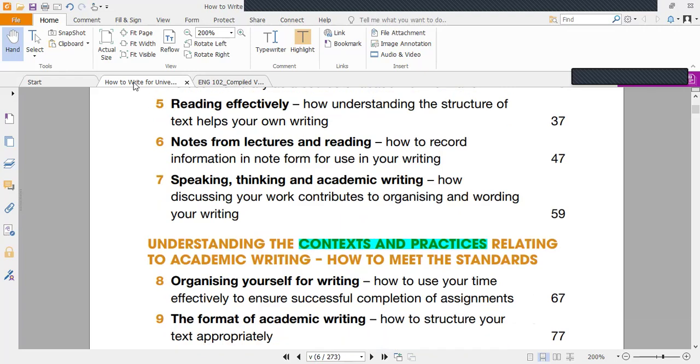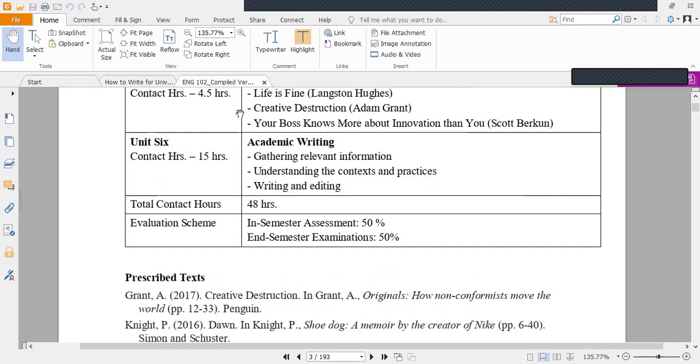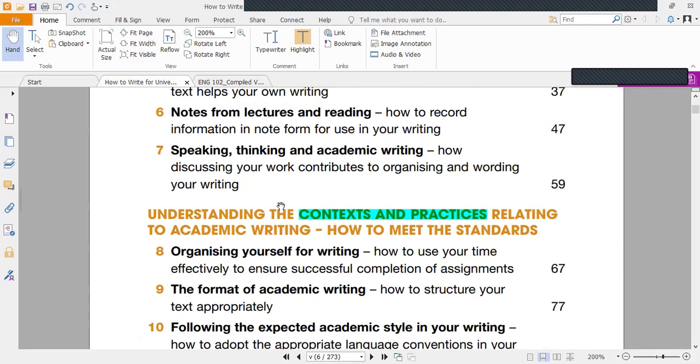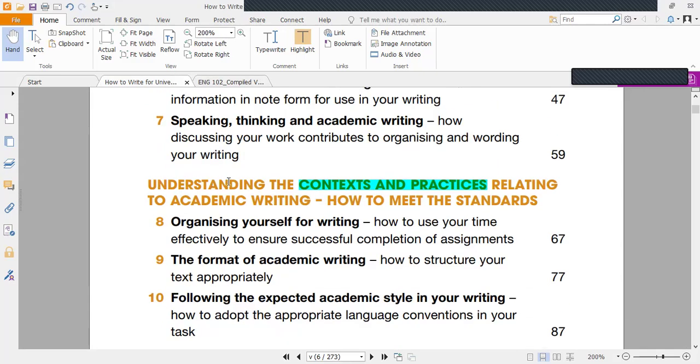And then, the second chapter in your course is understanding the context and practices. So if you check the book, the second section here is understanding the contexts and practices relating to academic writing, how to meet the standards.